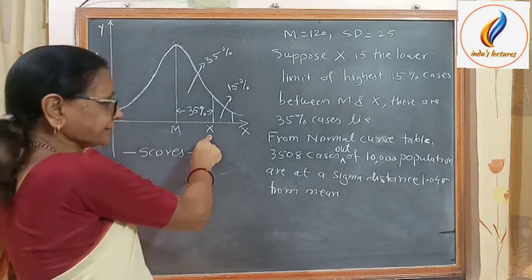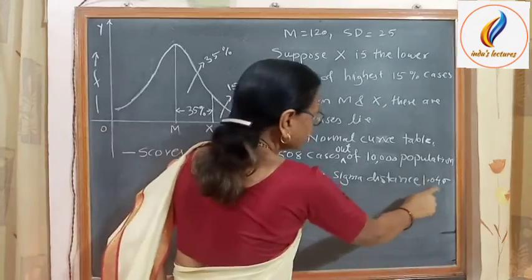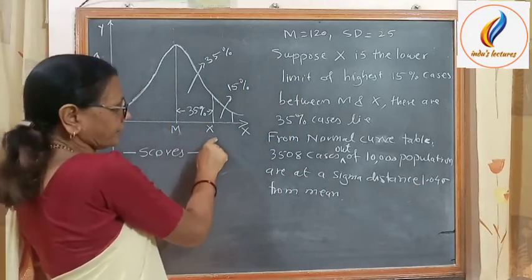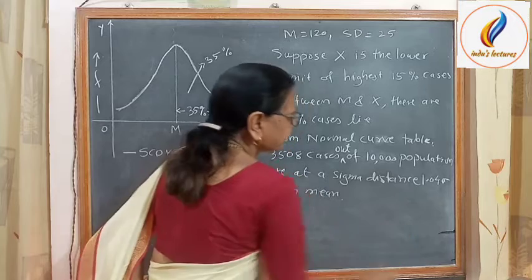The score x is at a sigma distance 1.04 sigma from the mean. The sigma score equivalent to the raw score is 1.04.